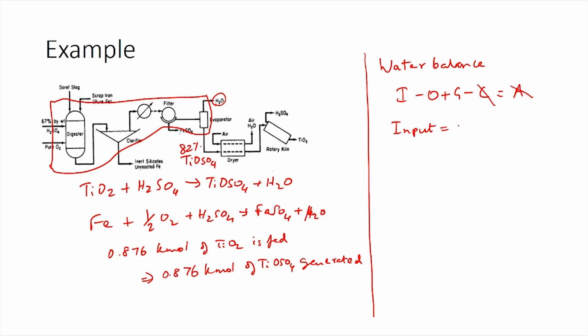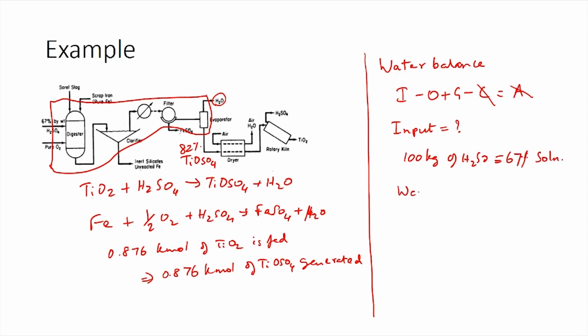We know that 100 kilograms of sulfuric acid is fed and this forms a 67% solution. So, this implies 100 kilograms of H2SO4 forms a 67% solution.